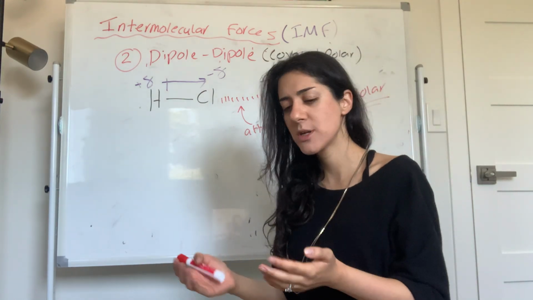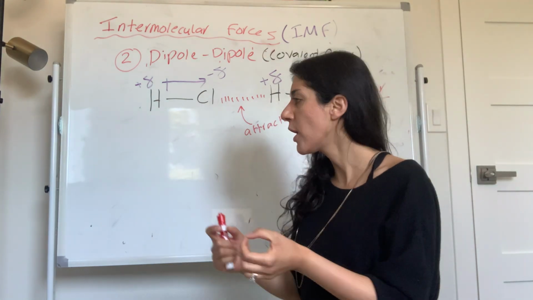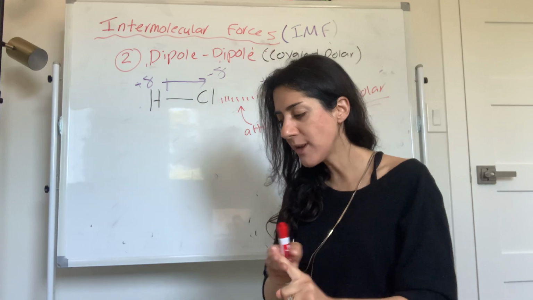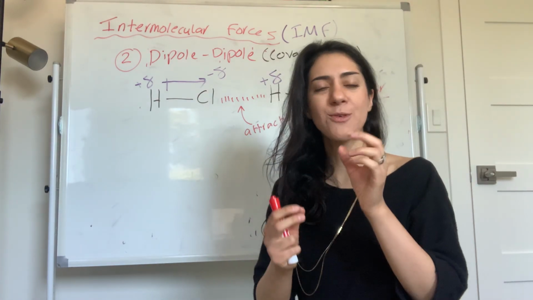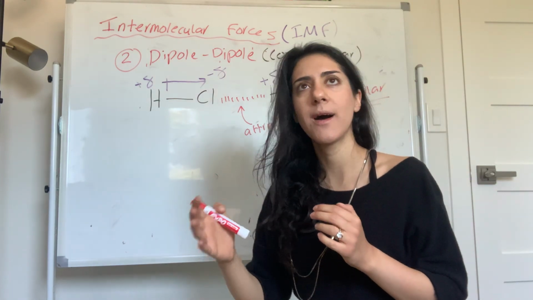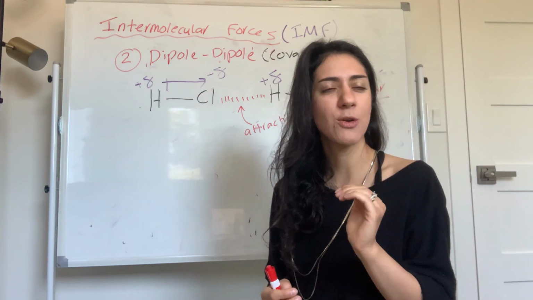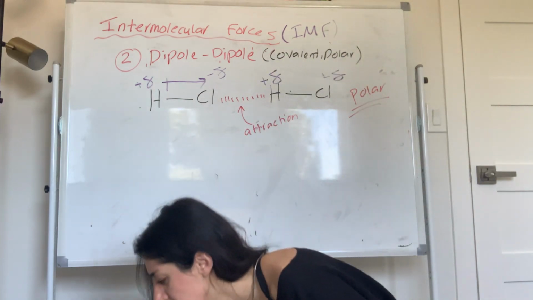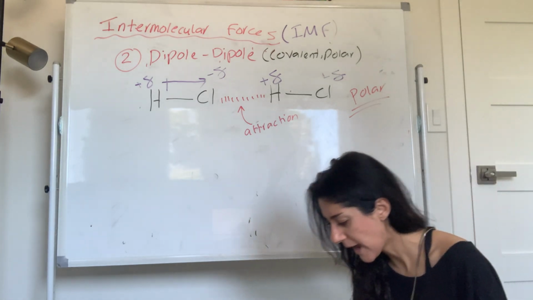You draw the Lewis structure, NH, FH, or OH, you have hydrogen bonding. To know if you have dipole or not, it has to be covalent and it has to be polar. Covalent is when you have two nonmetals together, but consider hydrogen as a nonmetal when you're deciding you have a covalent compound or not. That makes it a little bit easier. All right, so that's a dipole between hydrochloric acid.